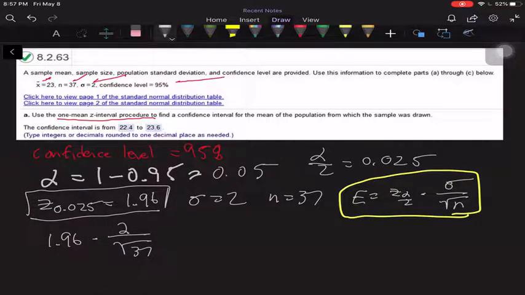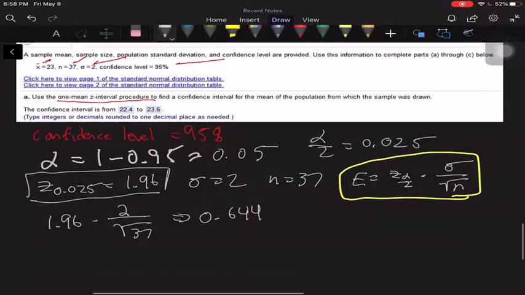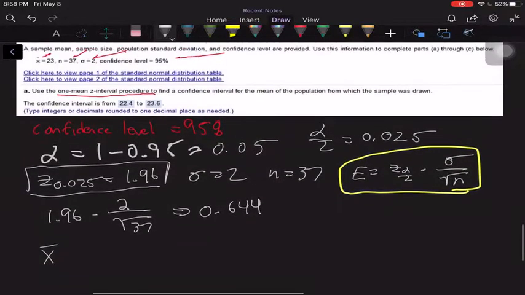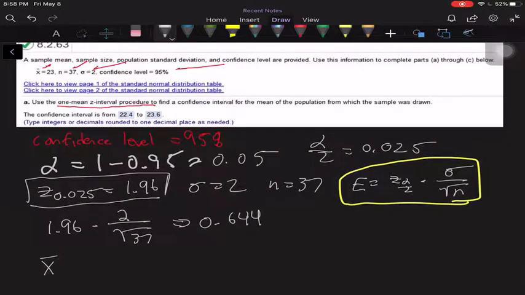And when we calculate it out, that comes to 0.644. From here, to get our confidence interval, we're going to be subtracting and adding this number from our sample mean of 23 that was given earlier.